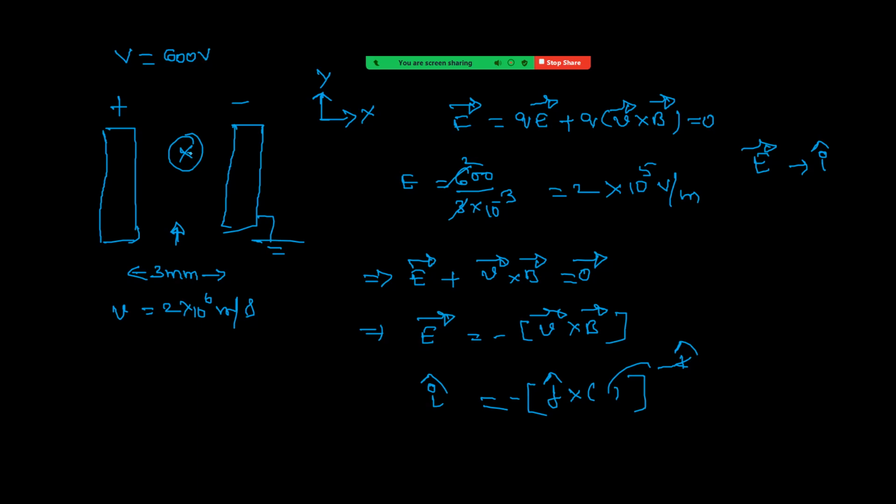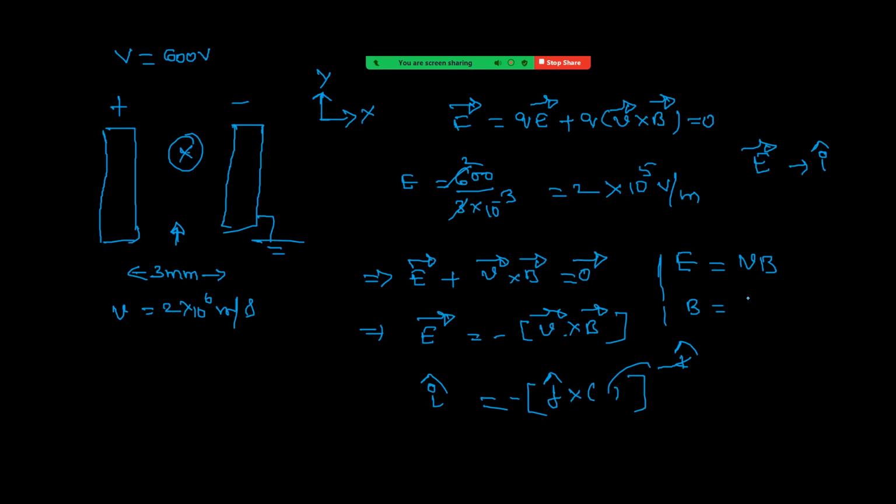And coming to the modulus value. When the field is inwards, the angle between V bar and B bar is 90. See carefully: velocity along the y-axis, field along the negative z-axis. Between these two vectors the angle is 90. So if you focus on the modulus value, E equals V into B into sine 90. From this we can get the B value.